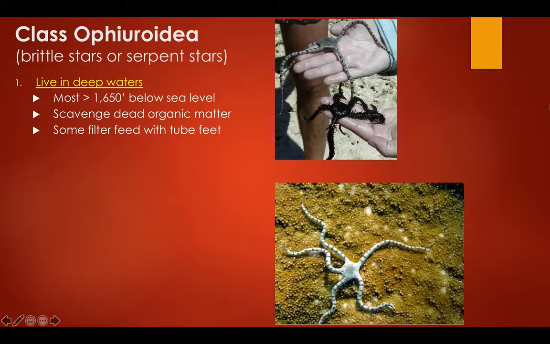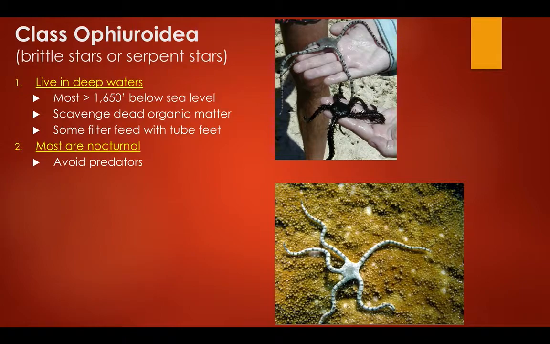They scavenge on dead organic matter. So if you think about what happens in oceans when an ocean-dwelling fish or mammal, such as whales, die, they sink to the bottom. And so we even have deep ocean scavengers, like our brittle stars, that are going to go and scavenge on that dead organic matter.